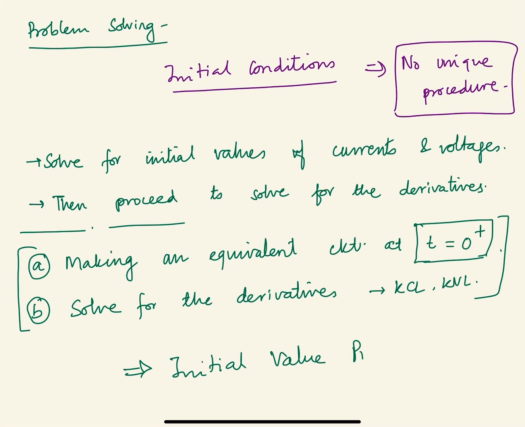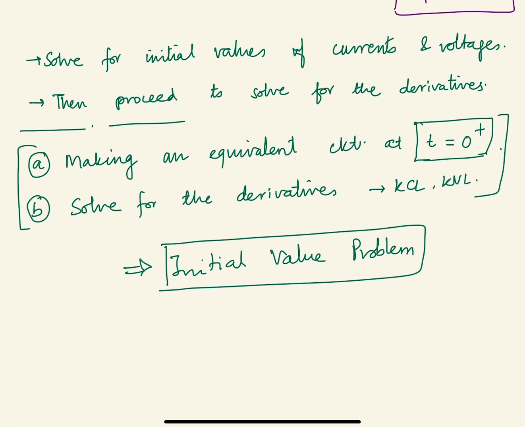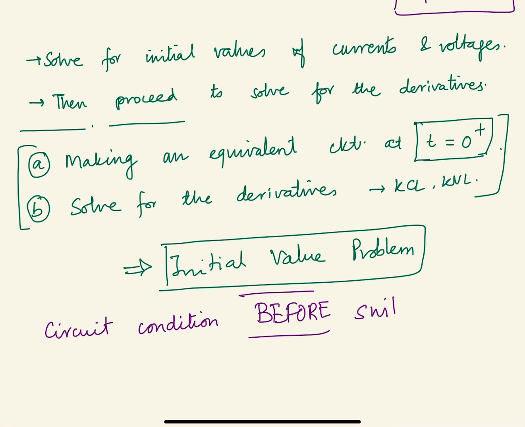Okay, what does this initial value problem mean? That you know the circuit condition before switching. The keyword is before switching is known. So you know how the circuit is behaving before the switching action happens, right?